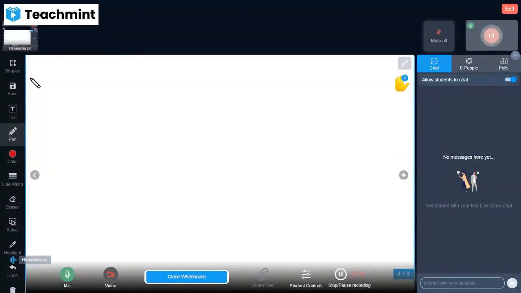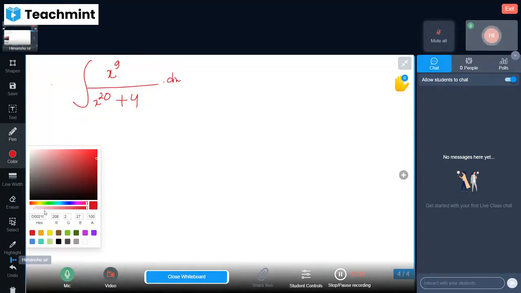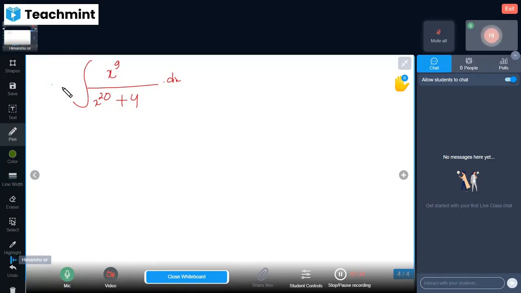So let's try a bit tougher one. x to the power 9 upon x to the power 20 plus 4 dx. Again, something extra requires a substitution.